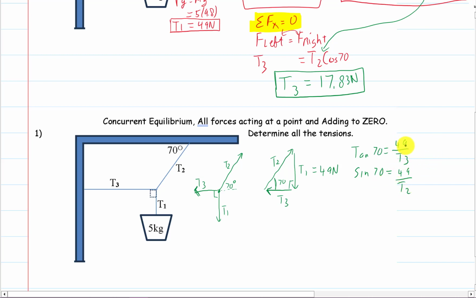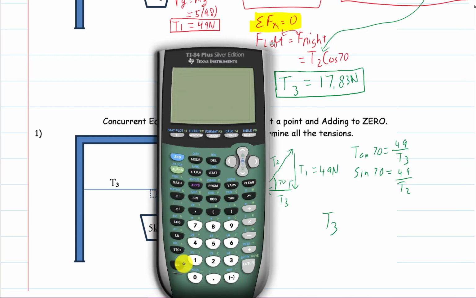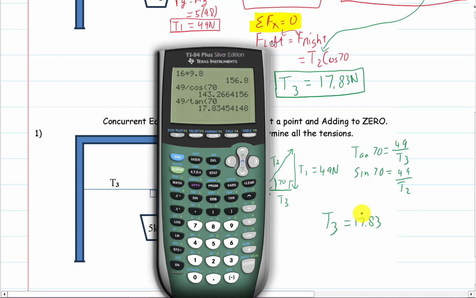Rearranging these, T3 is 49 over tan of 70, so 49 divided by the tan of 70 is 17.83, just like up here.